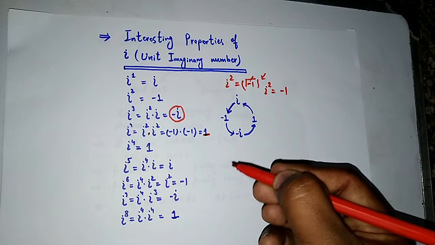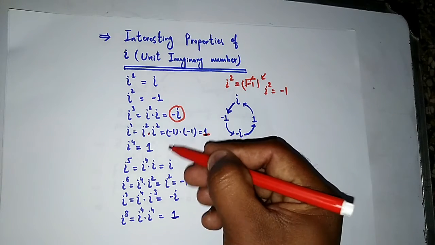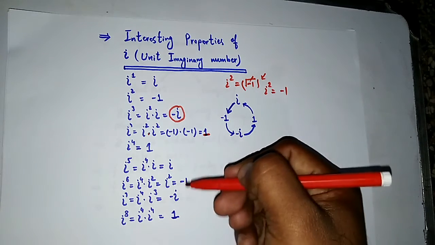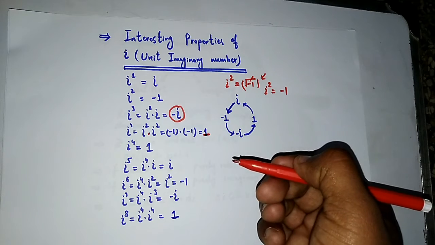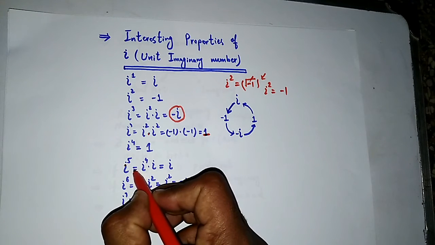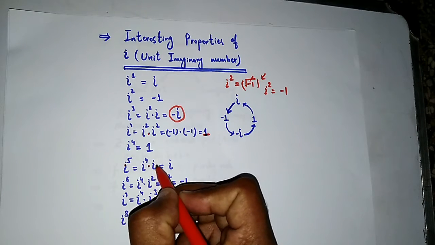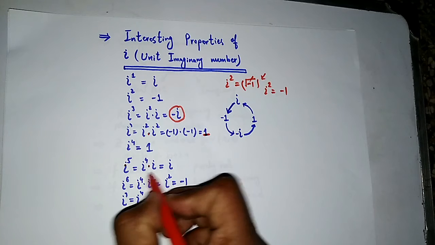If we further try to solve this, we will see that after 4 powers, iota will start repeating its values. For example, if we solve iota power 5, we can write it as iota power 4 dot iota power 1. How can we write it like this?